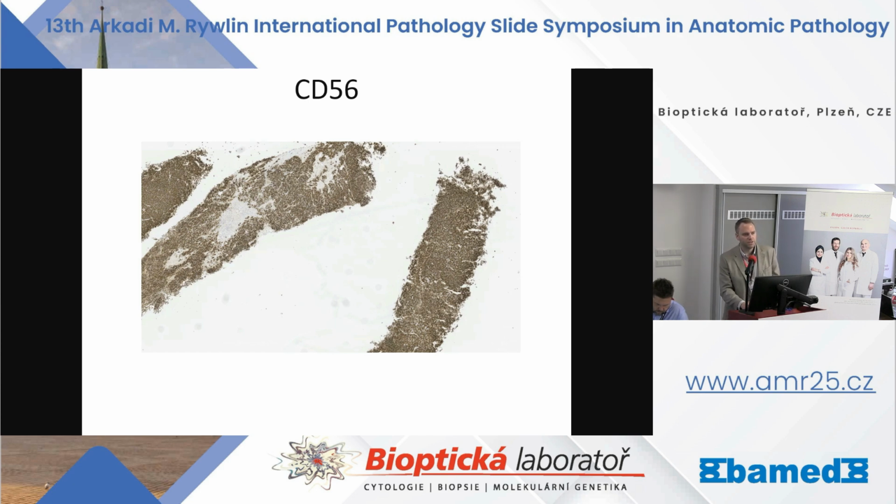It's commonly expressed in melanomas. It's expressed strongly in multiple myeloma, plasmacytomas. So it's a really broad, non-specific marker. But it can be useful if all the other neuroendocrine markers are negative and you're favoring neuroendocrine carcinoma.